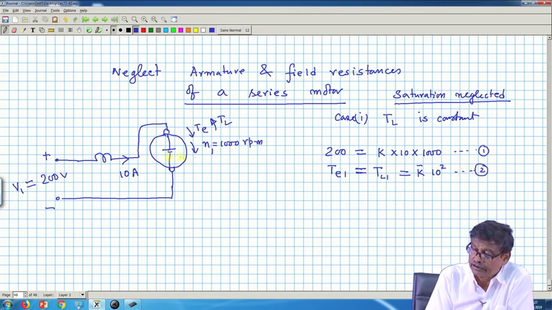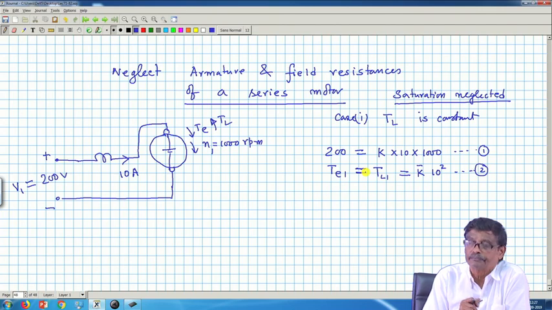This corresponds to this steady state operation.